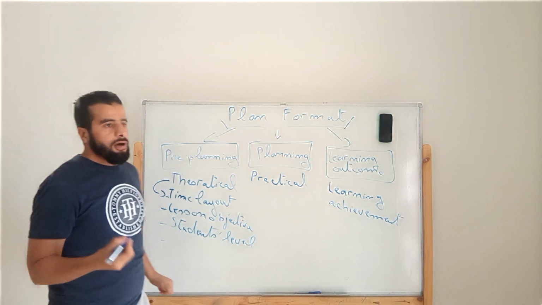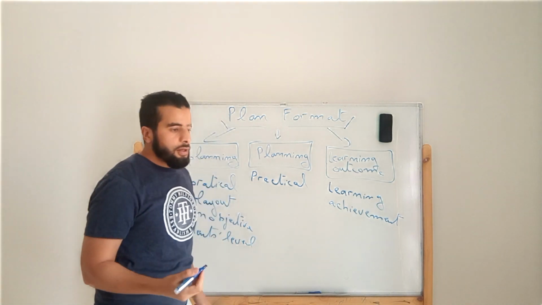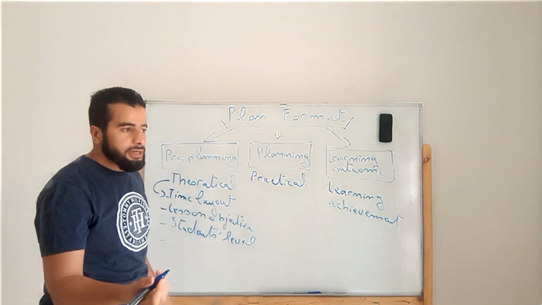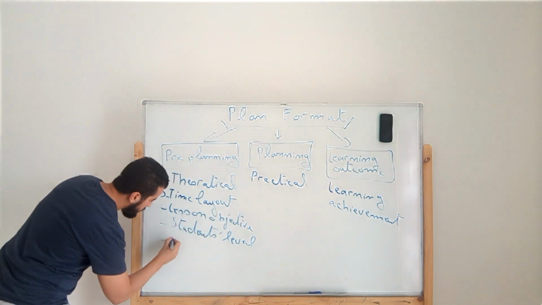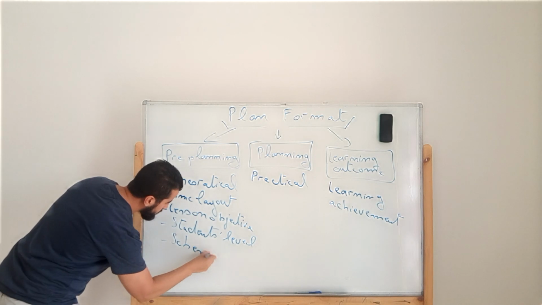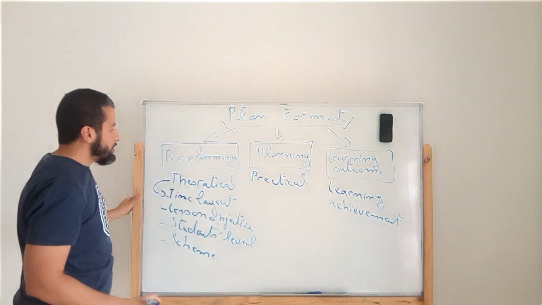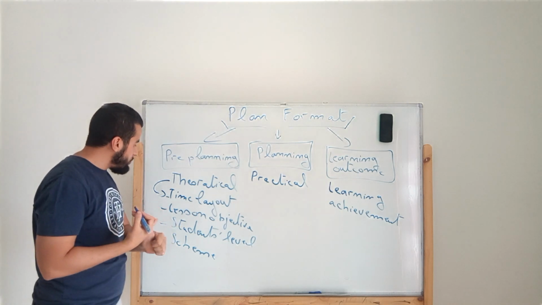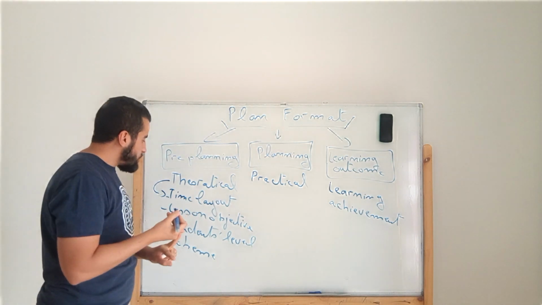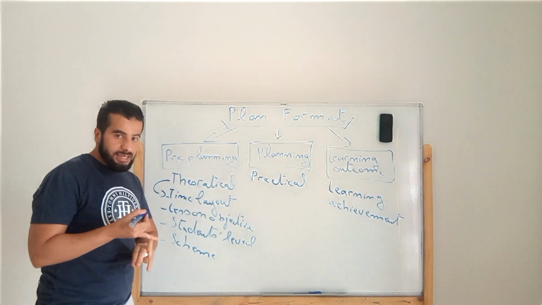What do we have? The procedures or the scheme of your paper, what you are going to do. Alright? What else? We have time layout, lesson objective, student level, and scheme.